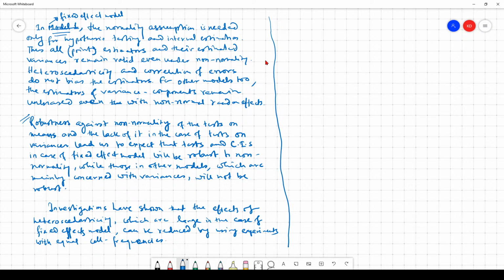Investigations on the effects of stochastic dependence among the errors show that it may completely vitiate the test.